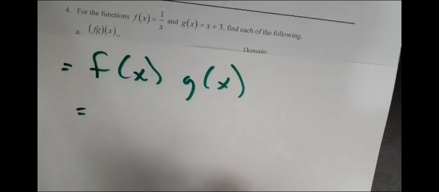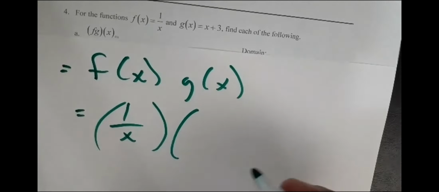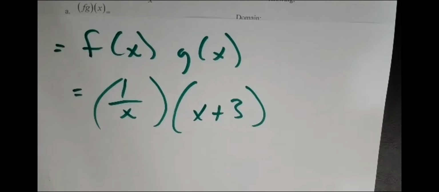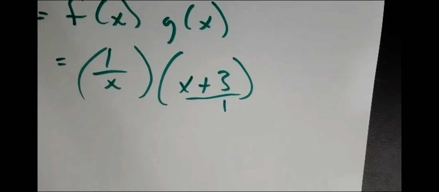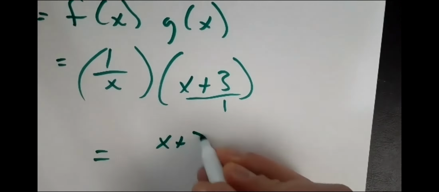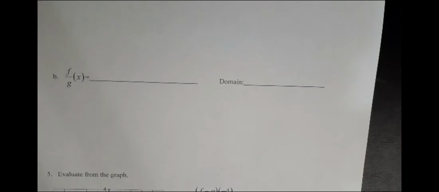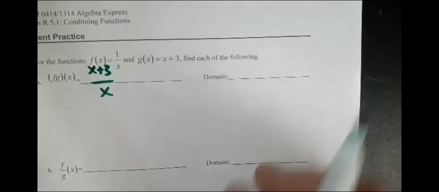My f of x looks like 1 over x. My g of x looks like x plus 3. If I want to combine these things, I could think about the x plus 3 as being over 1, but if I'm multiplying these things, I'm going to get the x plus 3 on top and the x on the bottom. So what this looks like is x plus 3 over x.